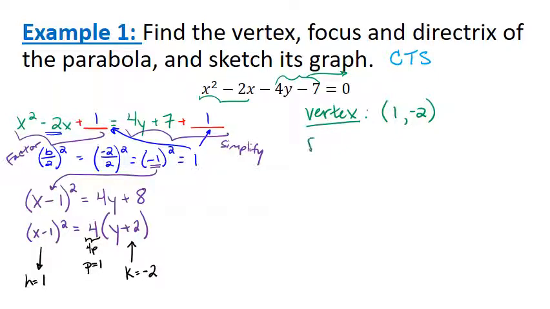We also need to find the focus. I want you to remember that the focus is the ordered pair that is p units from the vertex. So recall the focus in this case is going to be h plus p comma k because this parabola opens up.